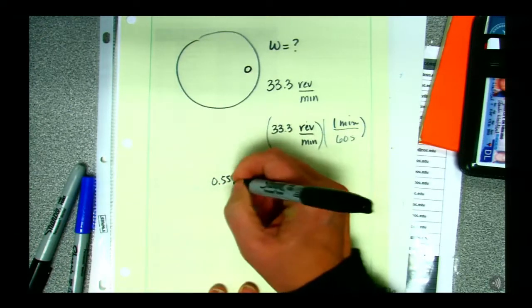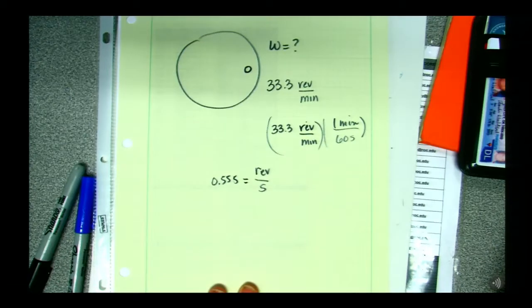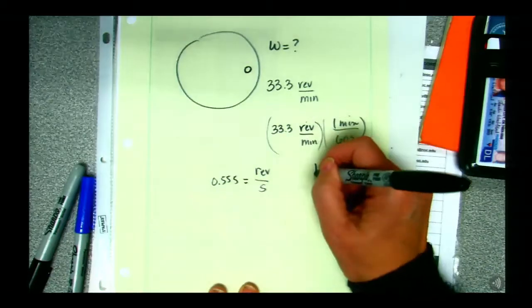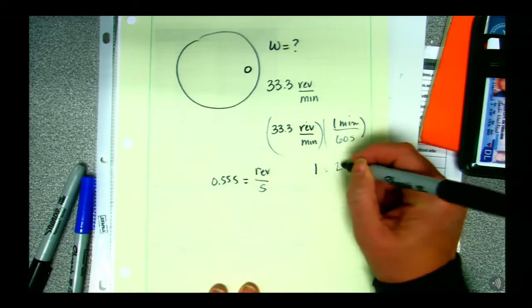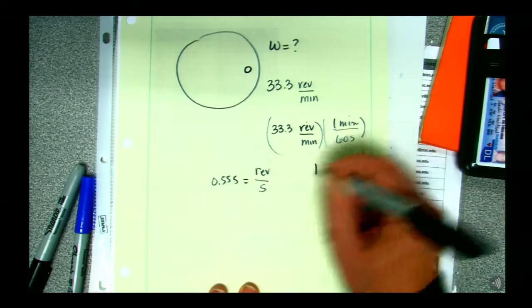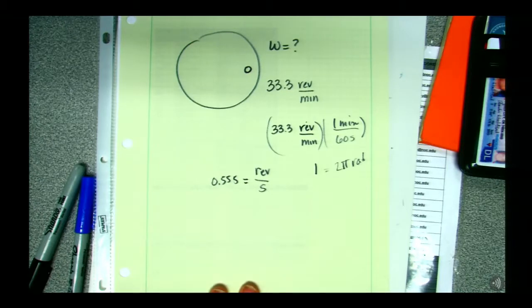And 1 revolution is equal to 2 pi radians. So my revolutions per second, or number of cycles per second, is going to be my angular velocity. Some things to think about as we go through it.